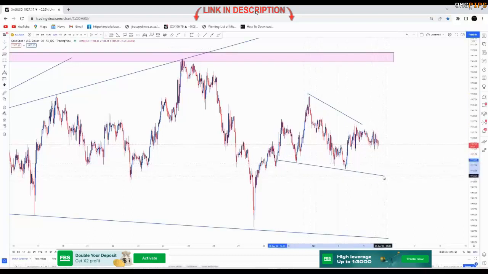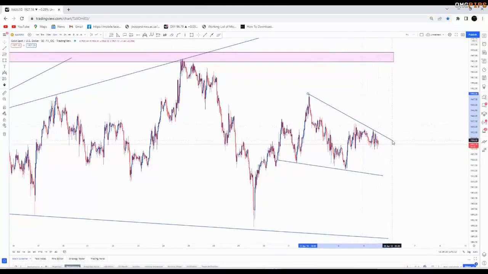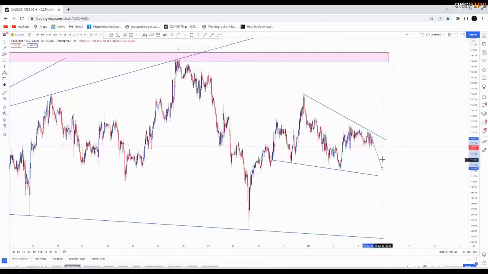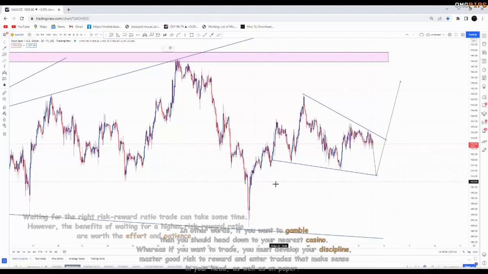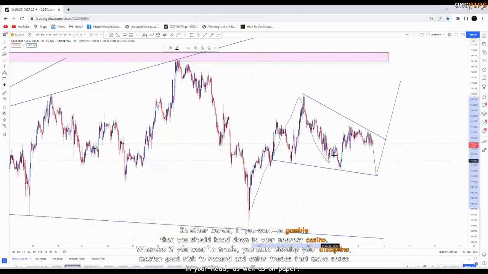We would actually see that there can be short-term sales to here before the market starts shooting straight up to the top. Because why? Impulse and correction and continuation. So that's another possibility that I'm seeing over here.